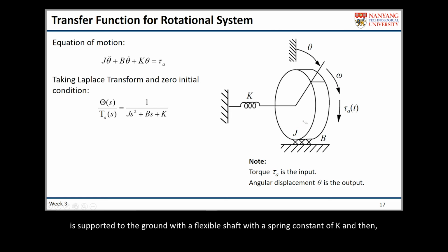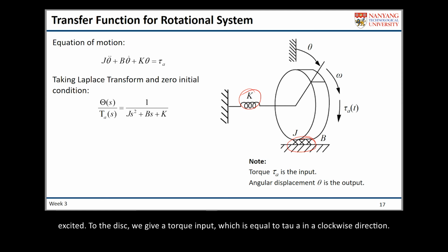The disk is supported to the ground with a flexible shaft with a spring constant of K, and then it is also supported by a damper element with a damping coefficient of B. The disk is then excited.